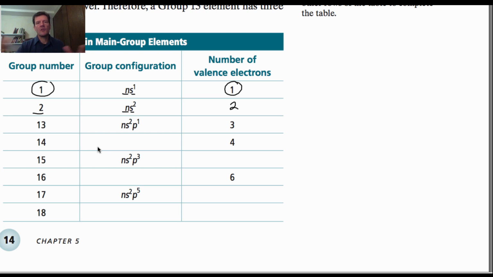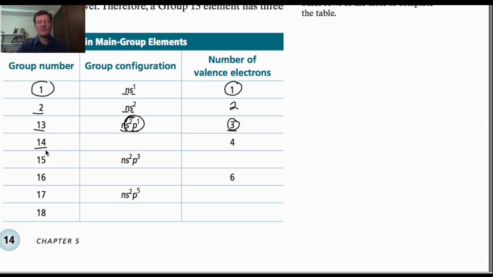Now we're going to skip over all the transition metals because there are some exceptions and variations there. If we go to group 13, they all end in something p1, and they're going to have three valence electrons. They're going to end in s2 p1, with the energy level being the second, third, fourth, etc. s2 p1, three valence electrons.